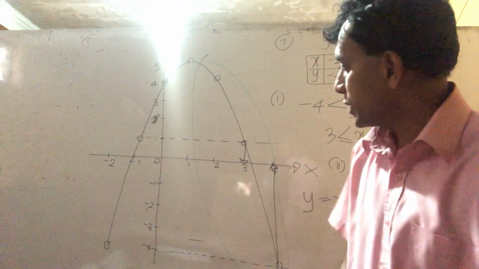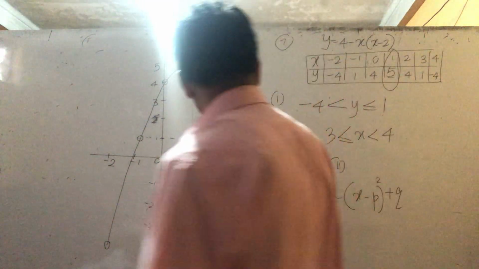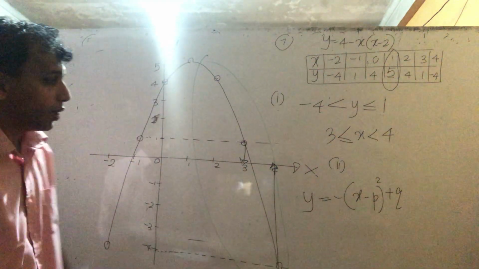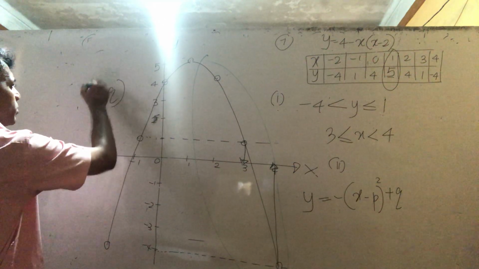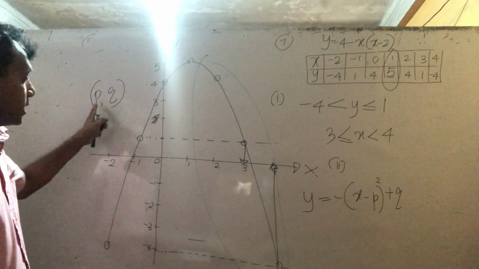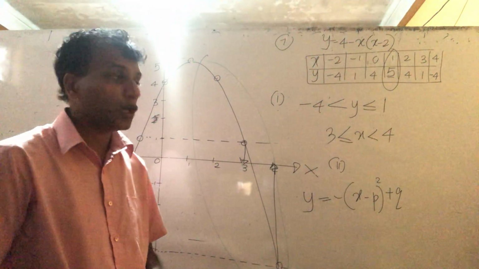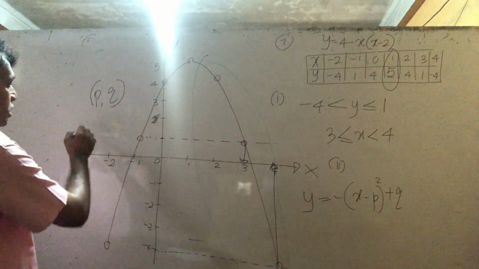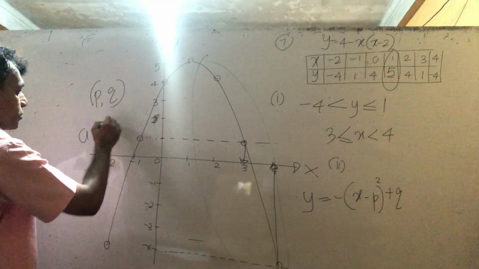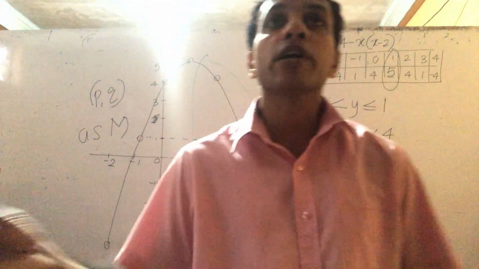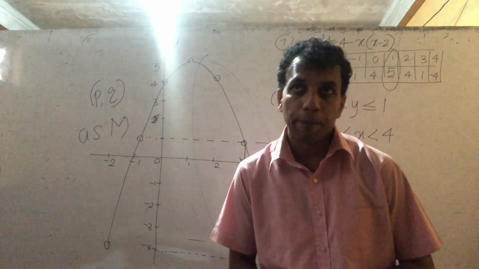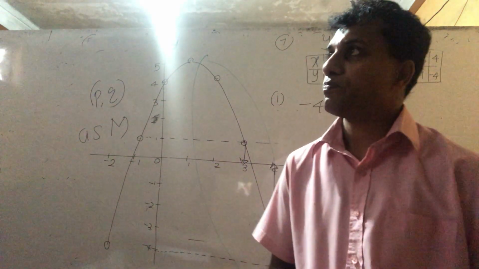Indicate the point (p, q), the coordinates within brackets, as capital letter M on the graph.